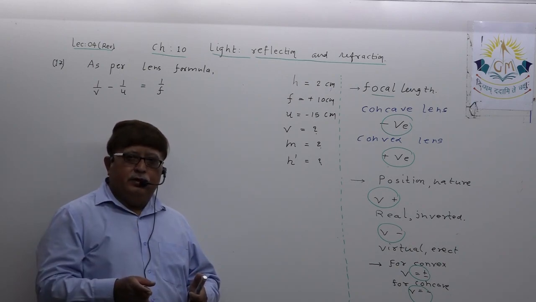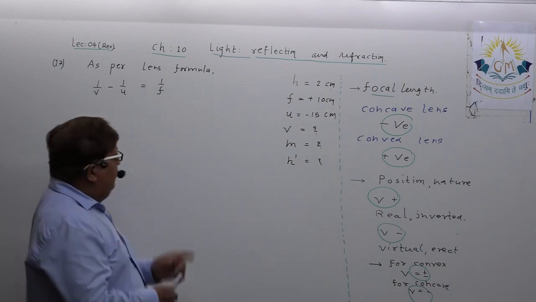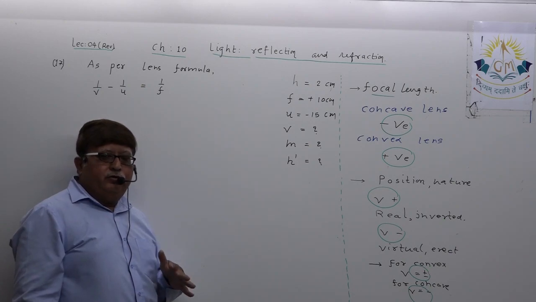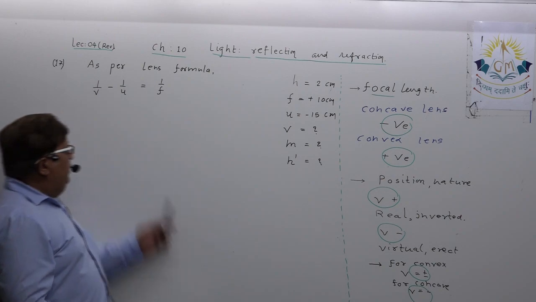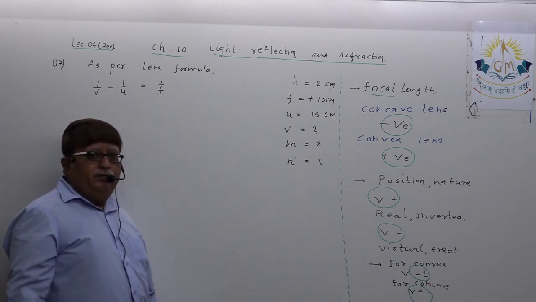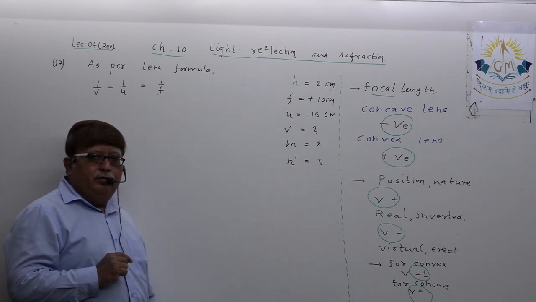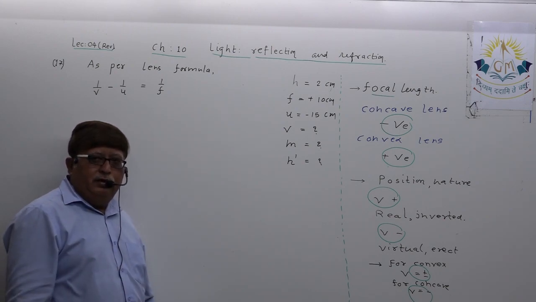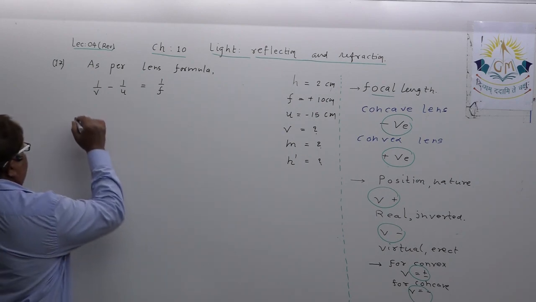So when you practice any example, and even when you write the lens formula, please be very sure. If you like to write it 5 times, 10 times. A minor mistake, if by mistake you write 1 upon u minus 1 upon v equals 1 upon f, is going to totally alter your calculations. Understood? Be very sure regarding this.